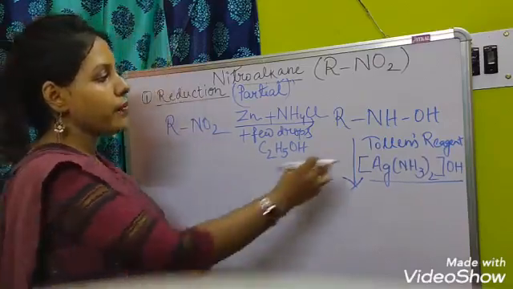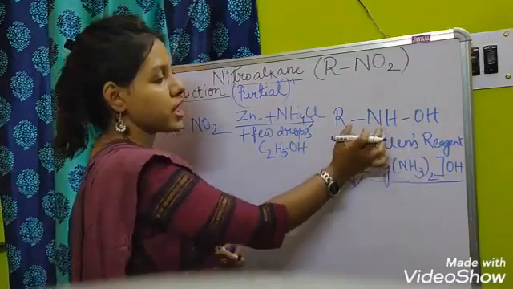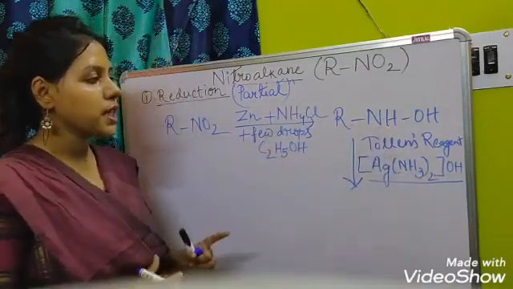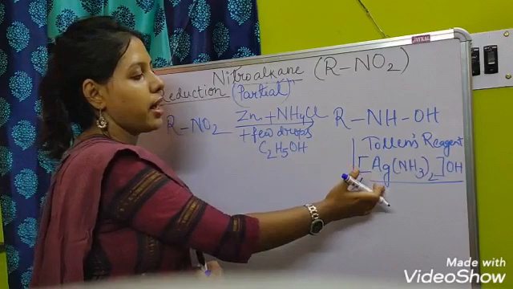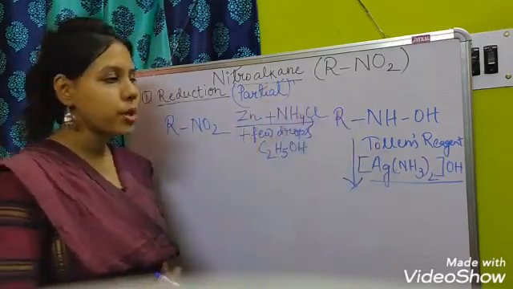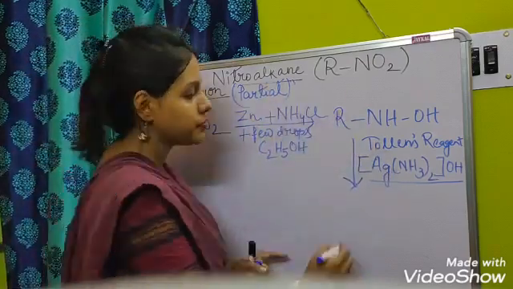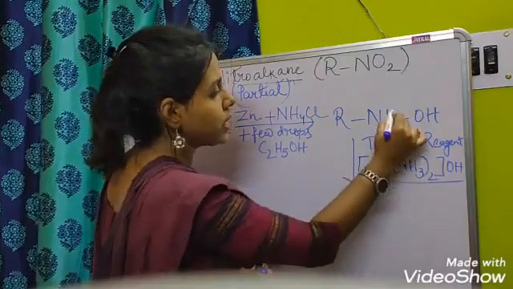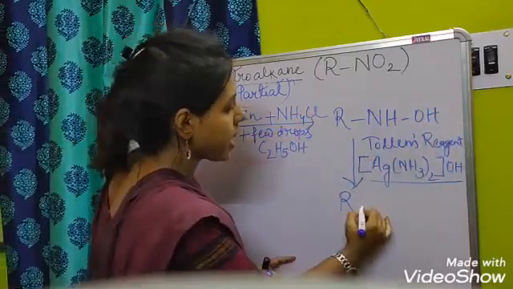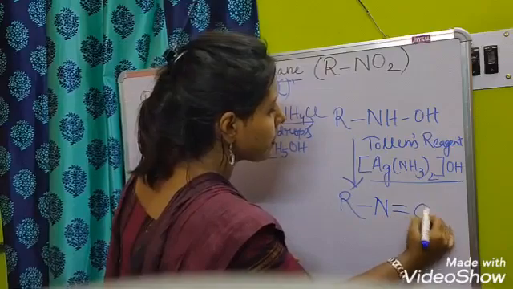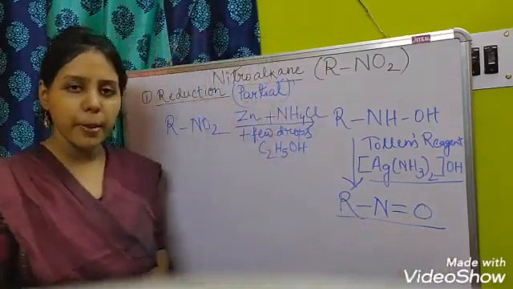Now whenever we add this Tollens reagent to this compound, it will oxidize this compound, that means removal of hydrogen. After removal of these two hydrogen atoms, it will be converted into the nitroso compound.